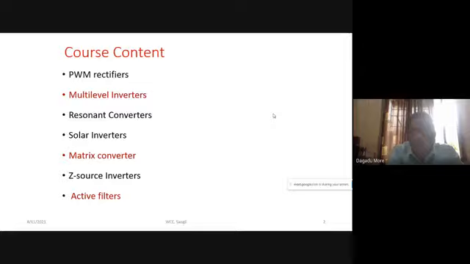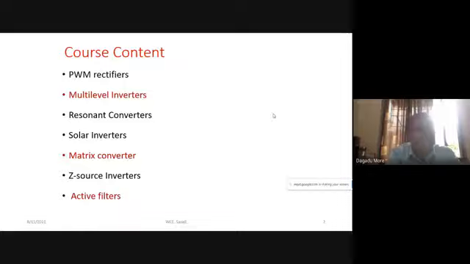But whenever we increase the switching frequency, losses may increase. So the third topic will be resonant converters. We use a soft switching technique, where turn on and turn off are soft and the switching losses are reduced. So the third topic is on resonant converters.